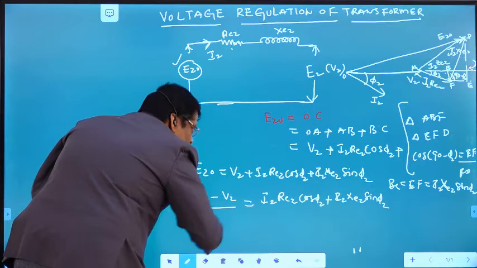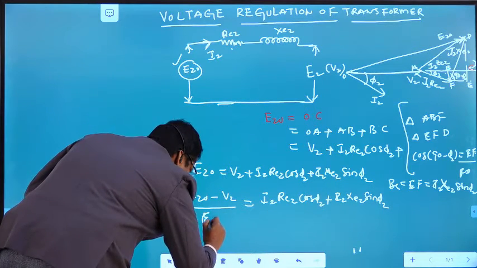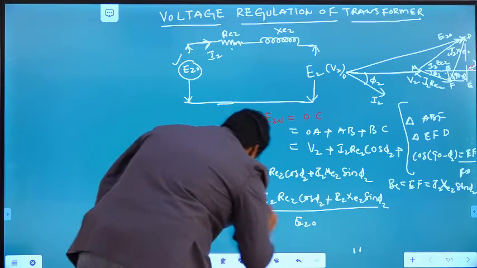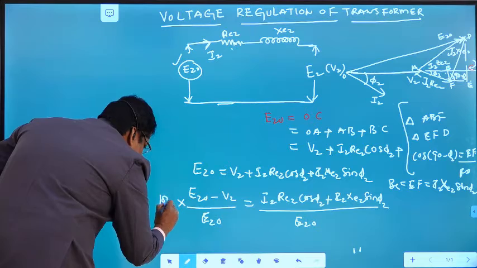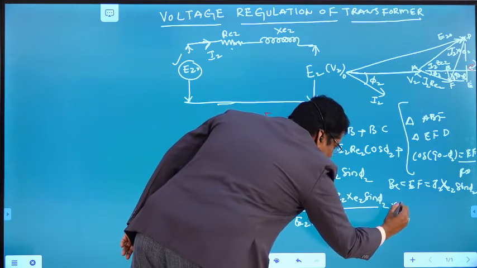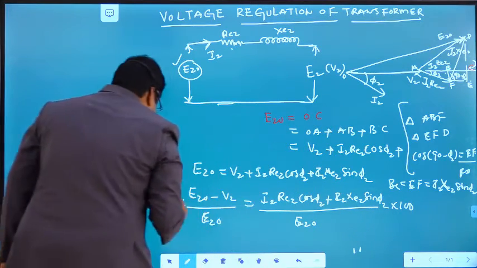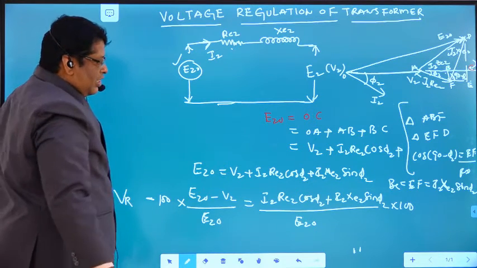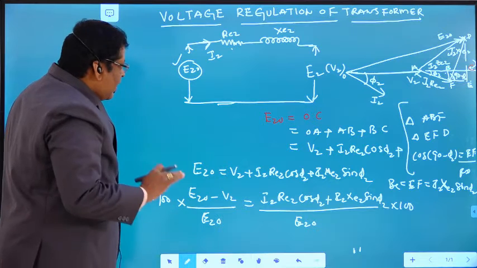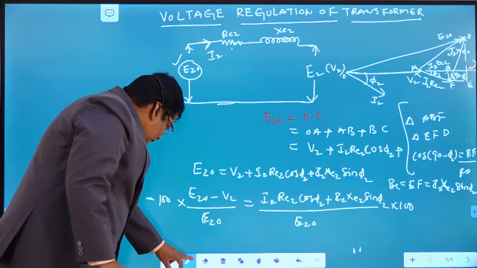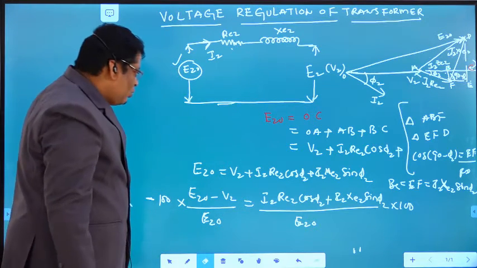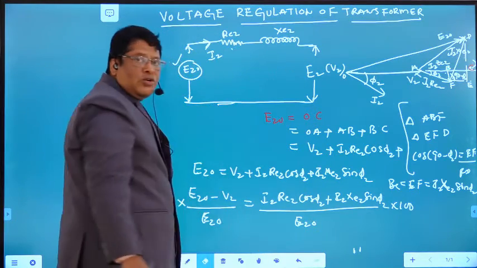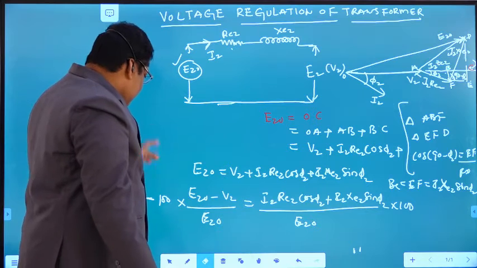Now divide both sides by E2 naught and multiply by 100. This is equal to the voltage regulation of a transformer. So finally, this is the derivation for the voltage regulation of a transformer.